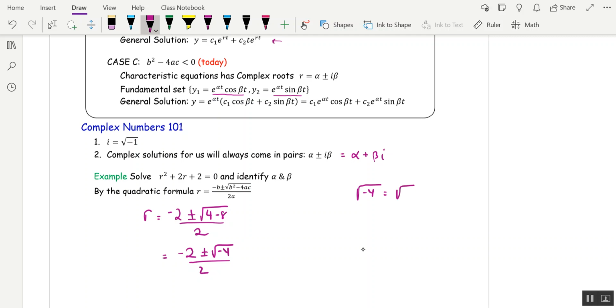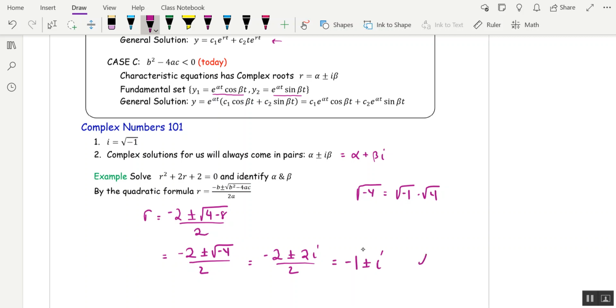Now, -4 is 4 times -1. So it's the square root of -1 times the square root of 4. So that's 2i, because the square root of 4 is 2, and the square root of -1 is i. So this is -2 plus or minus 2i over 2. Finally, divide each of these by 2 to get -1 plus or minus i.